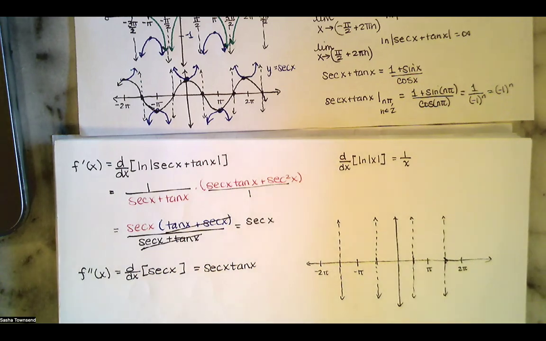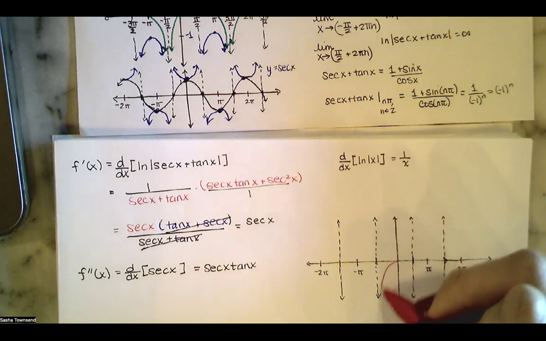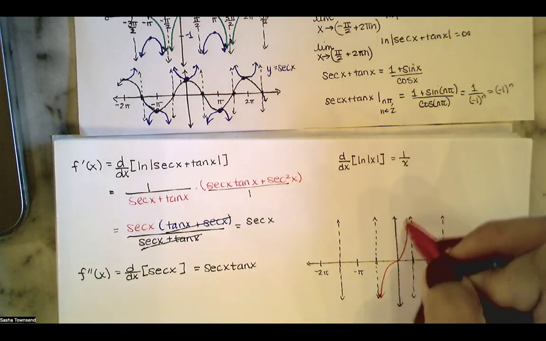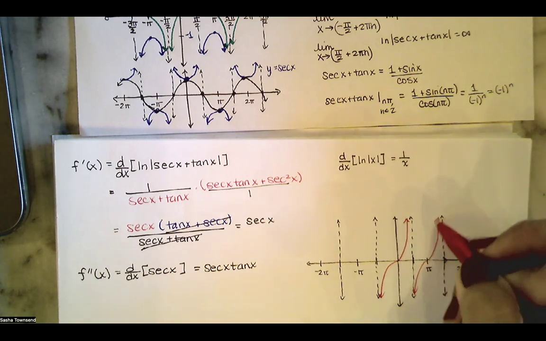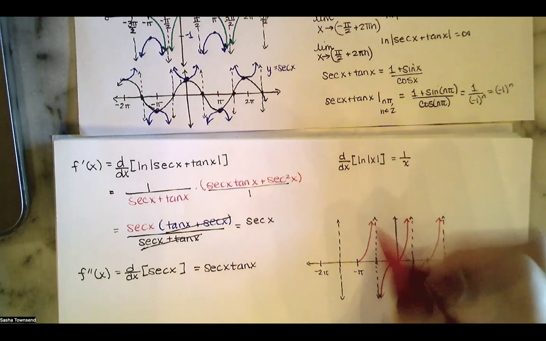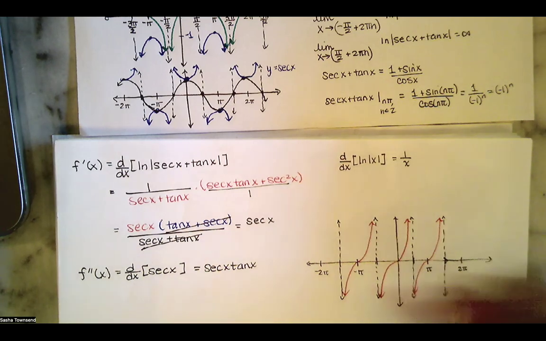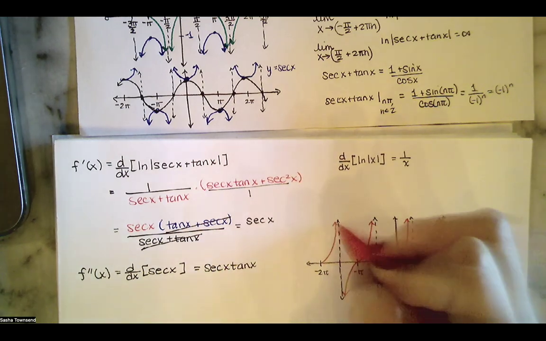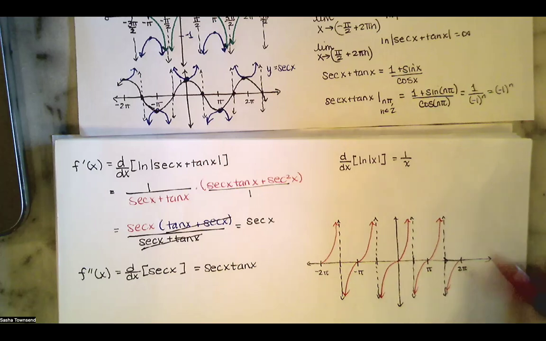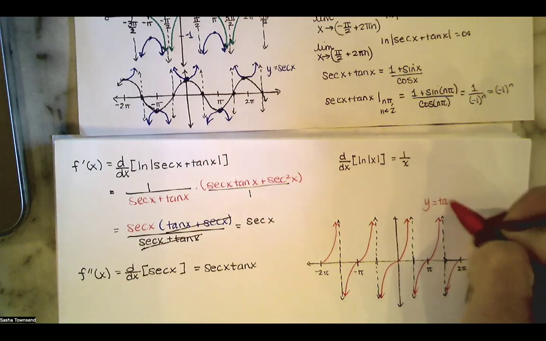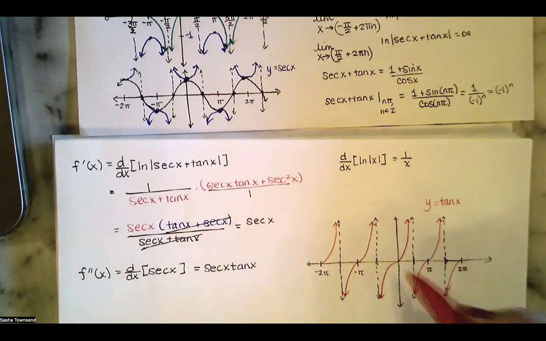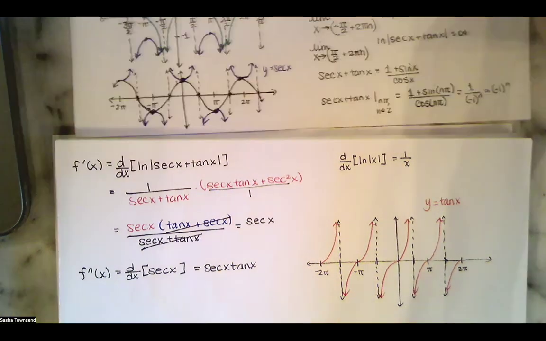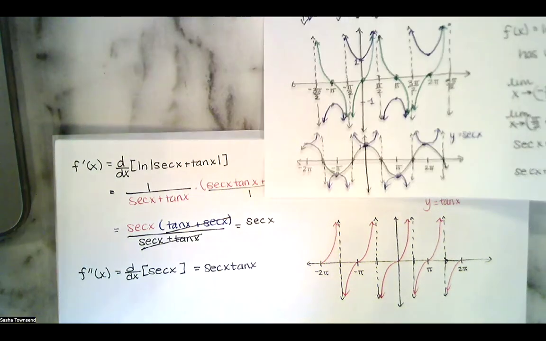I'm going to graph tangent now. Tangent looks like this. And we're going to take those values and multiply them by the values of the secant function.